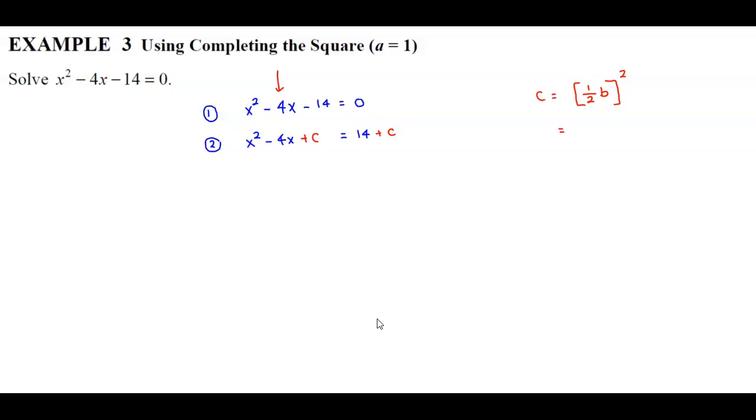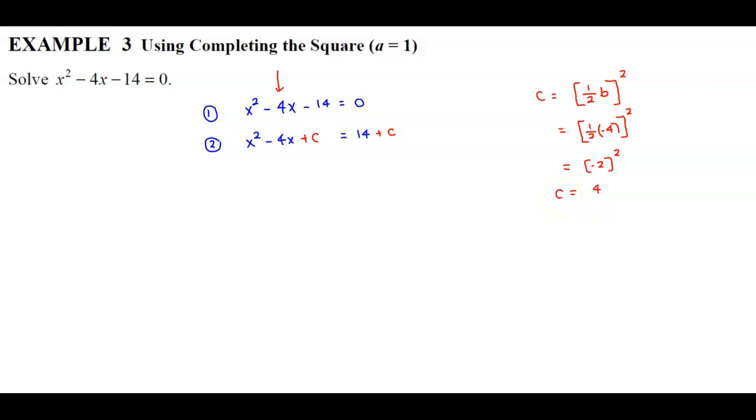So that means we're going to take 1/2 of -4. And then once we take the half of the -4, then we're going to square it. So 1/2 of -4 is -2. And when we square that, we get +4. So we can see that the value of c is going to be 4.